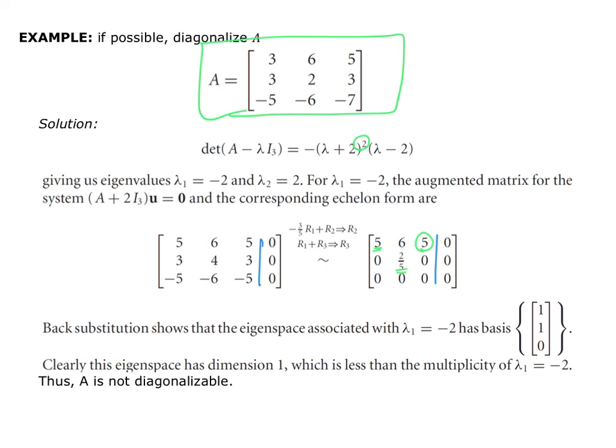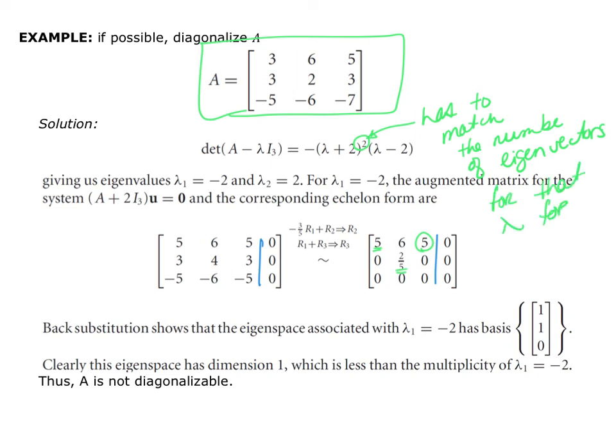Because my previous theorem says this multiplicity has to match the number of eigenvectors for that lambda for the matrix to be diagonalizable. And it didn't, so it's not. You can't diagonalize A. So that's it. That's it for this section.